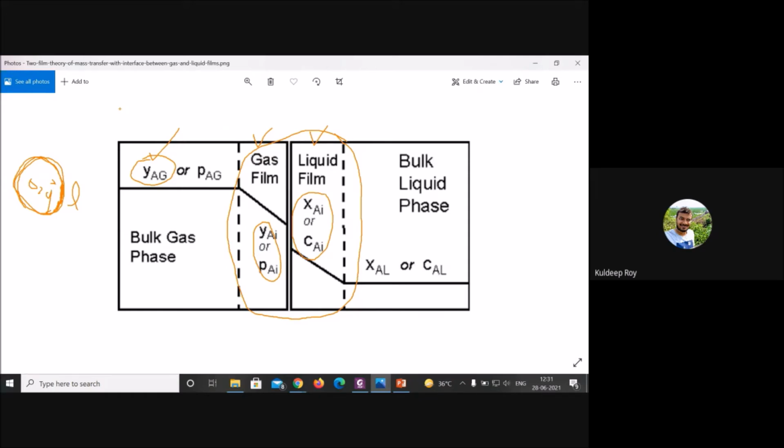Now then we have to do a little bit of surgery on that also. Let me make the boundary layers, I'm representing as a line. Here you are claiming this is YAG, gases at the bulk. Here at the interface, let me write YAI.